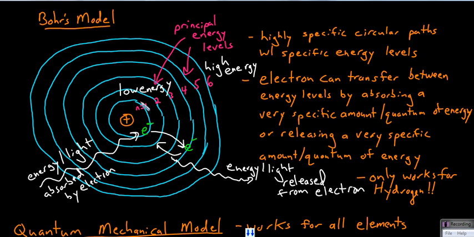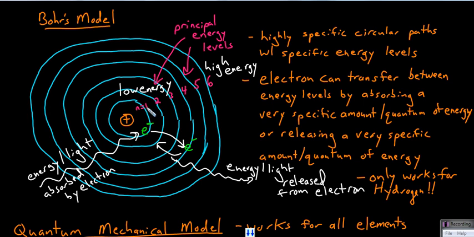The electrons close to the nucleus were low in energy, and in the next principal energy level, they would be a little bit higher, and then in principal energy level 3, they would be even higher in energy, and on and on. So the closer an electron was in orbit to the nucleus, the lower energy it had, and the further it was from the nucleus, the higher energy it had.